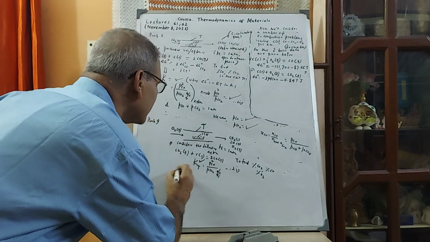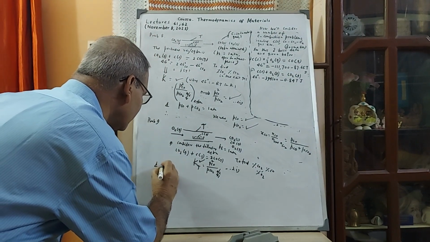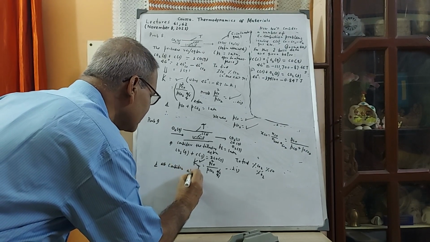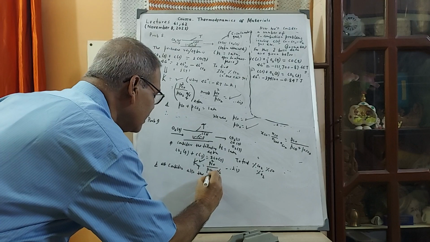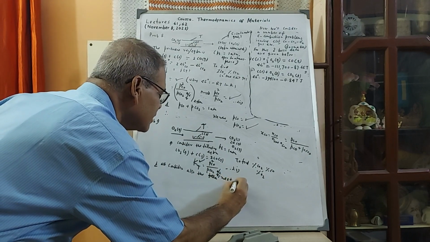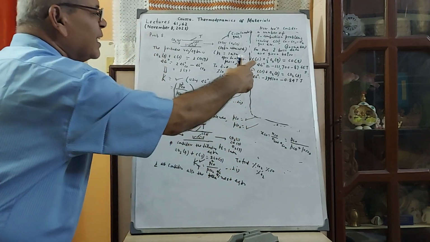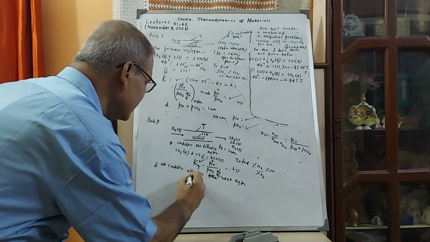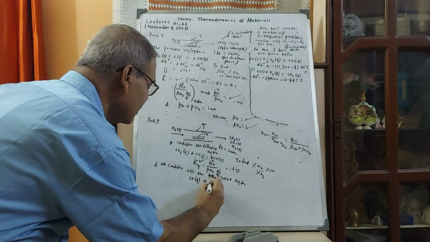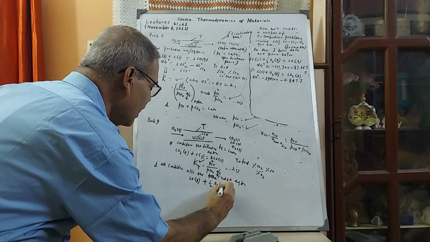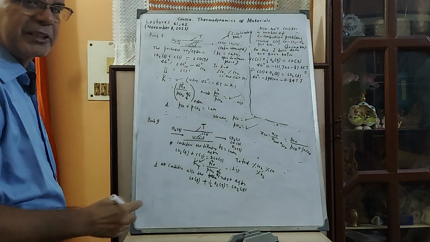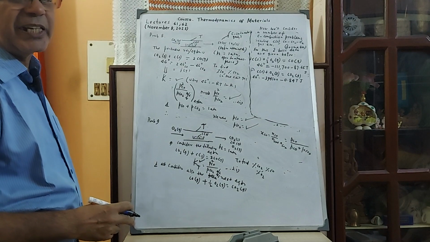So I am writing, consider the following, and also consider this equilibrium: CO gas plus half O2 gas gives CO2 gas. Actually eliminating carbon, but this is another important relation.